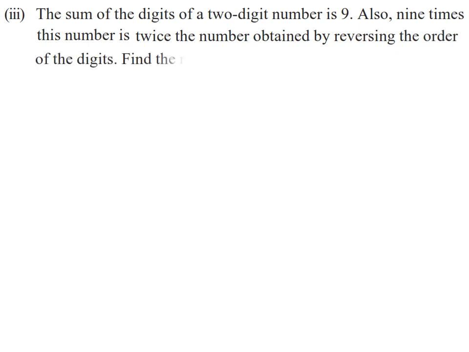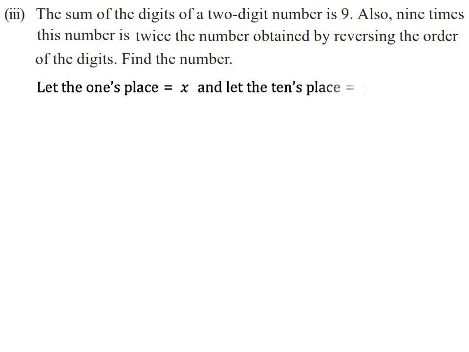So find the number. Now, again the two-digit number case. Let's assume we have two places, unit place and 10th place, where unit place is x and 10th place is y. So we can say my number will be 10y plus x, the 10th place will be with 10 and x will be with 1. So it is 10y plus x.